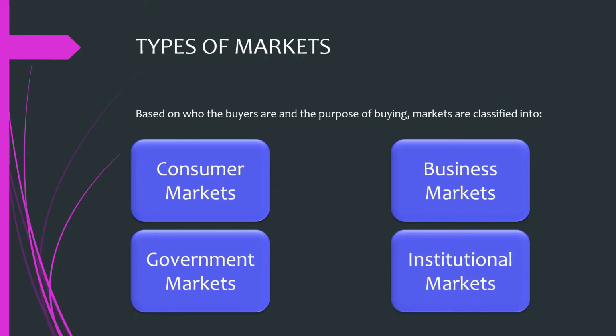Probably you have heard some of these terms, or maybe you have never heard them before, because maybe these terms are only used in marketing. So you might not find them elsewhere. Let's discuss them one by one then.